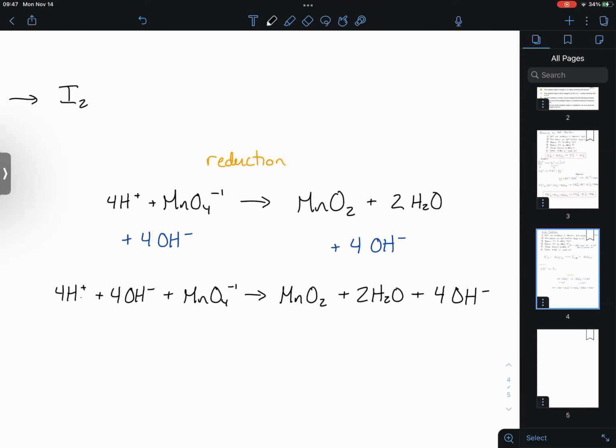All right, and then importantly, what is this going to simplify to? If I take a proton and a hydroxide ion, what am I going to get? Hopefully we know that this will combine to make water. So I can simplify that by replacing those with water.